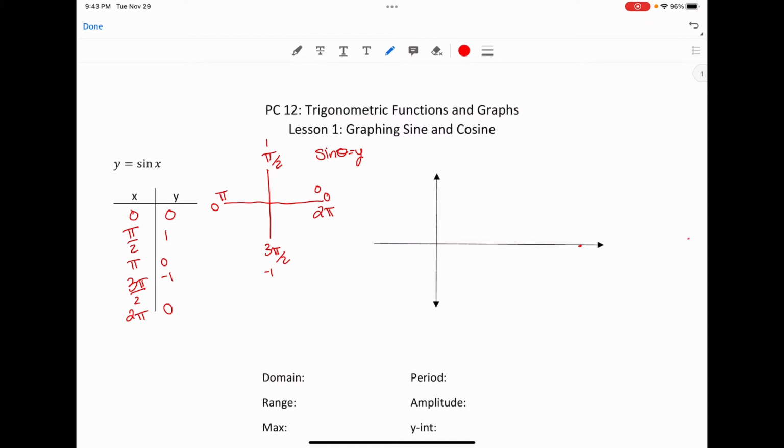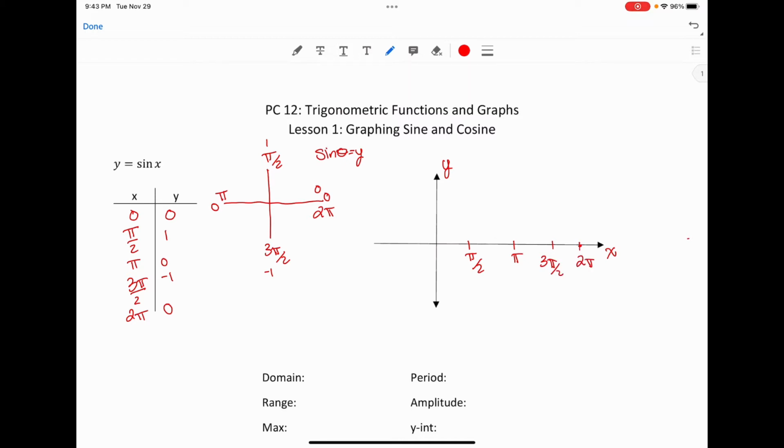So what I'm going to do is stretch this out onto an xy coordinate plane where x is now the angle and y is our up and down value. So we've got pi over 2, pi, 3 pi over 2, and 2 pi.